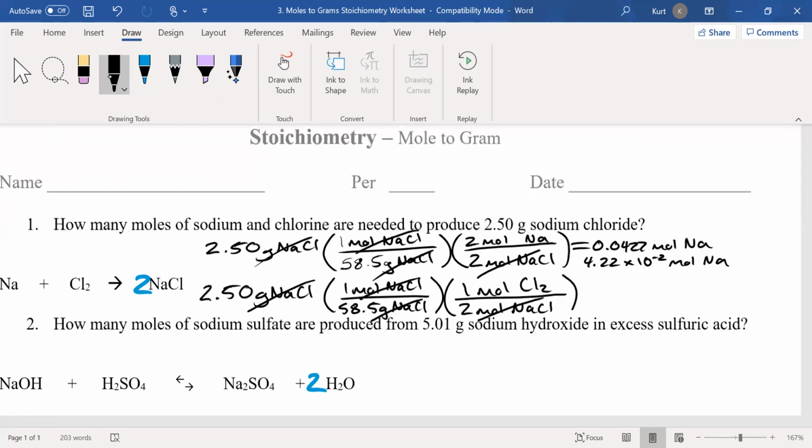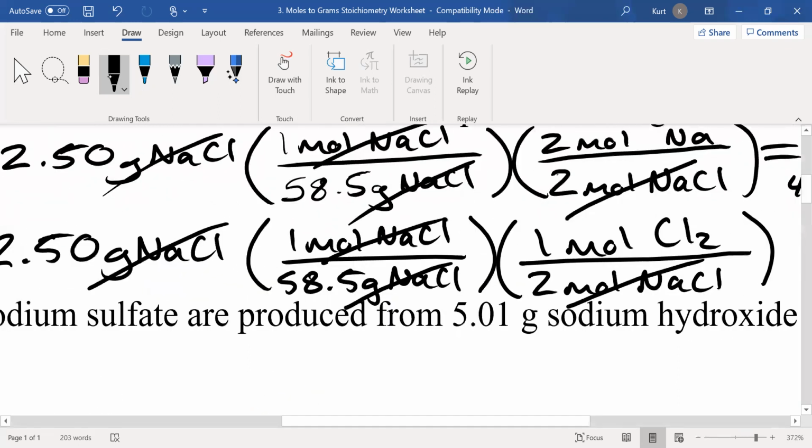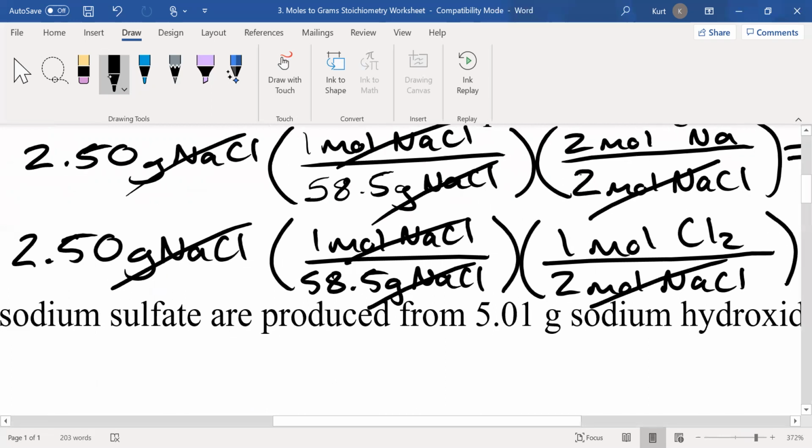And I want to focus on this for a second. Here's the mistake that some of you may have made. It's definitely happened in the past. Because some students will see 58.5 and 2 side by side, what do you think they do? Are you supposed to multiply like that? No. Because technically, here's how it reads. 2.5 times 1 divided by 58.5 times 1 divided by 2.